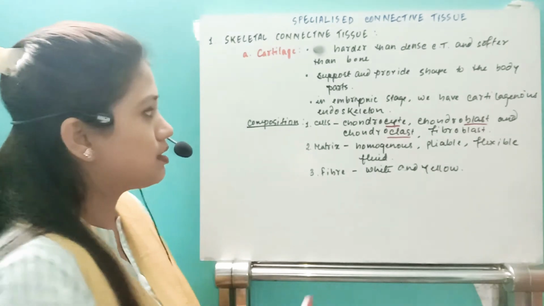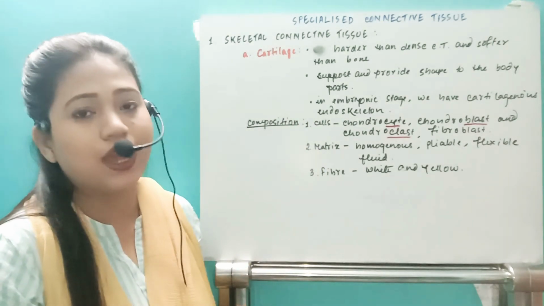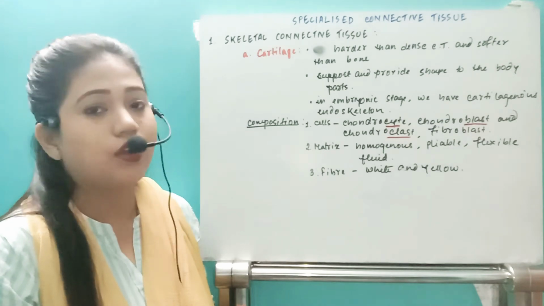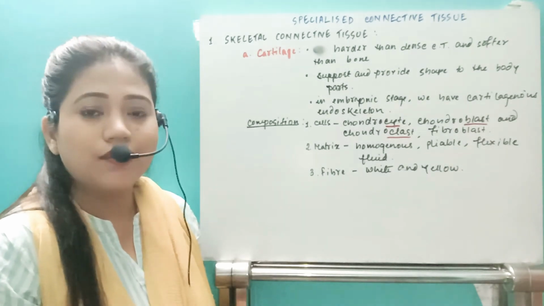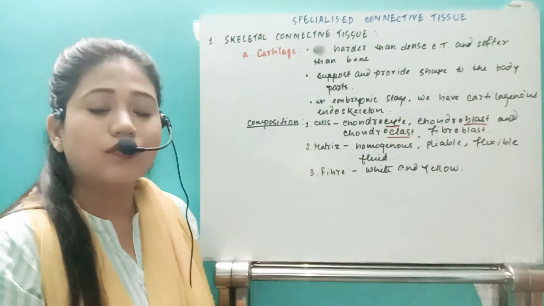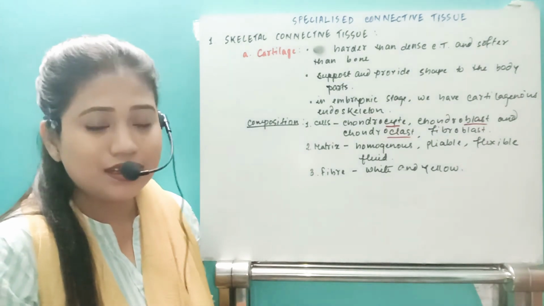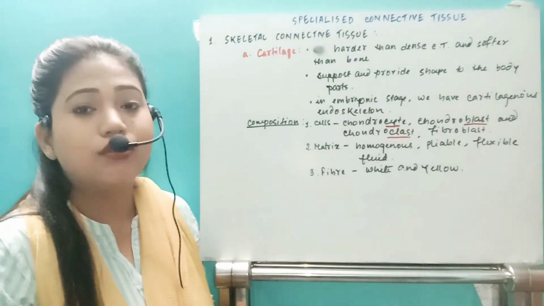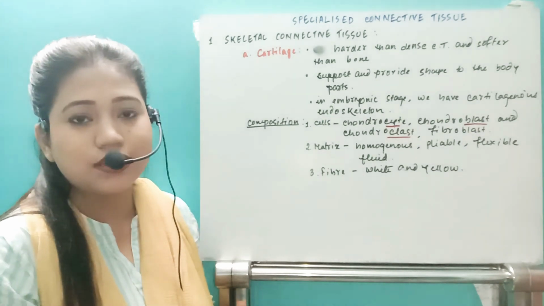In the above point I have written that in the embryonic state we have a cartilaginous endoskeleton. Whenever our cartilaginous endoskeleton converts into a bony endoskeleton, at that time the cartilages are replaced by the bones. How can the cartilages be replaced by the bones?